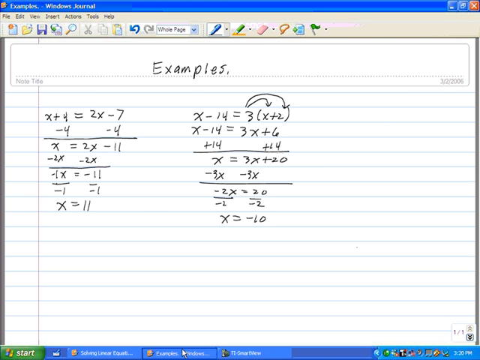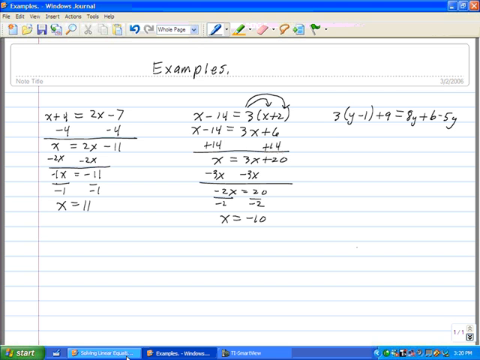Once again, raising the bar a little bit on difficulty. Let's look at 3 times (y minus 1), and outside of that we're going to put a plus 9, equaling 8y plus 6 minus 5y.